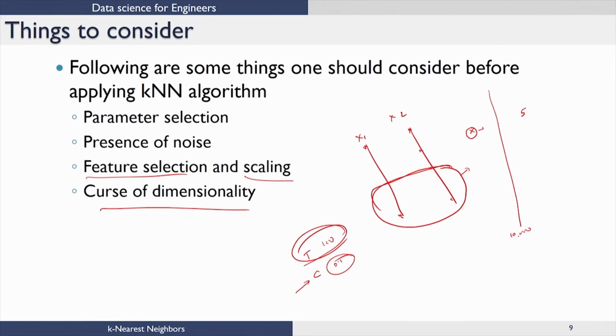However, it looks like I have to calculate all the 10,000 distances, sort them, and then pick the top 5. So, to get this top 5 I have to do so much work. There must be smarter ways of doing it, but nonetheless, one has to remember that with the number of data points and the number of features, one has to think carefully about how to apply this algorithm.